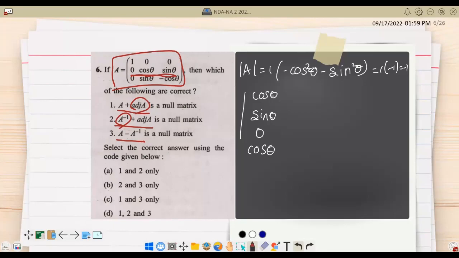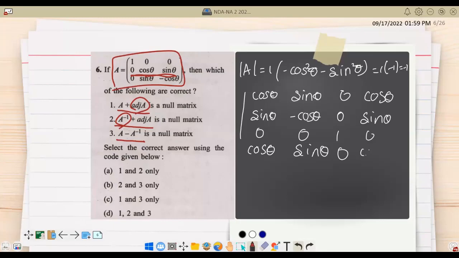Next we go for the second row: sin theta, minus cos theta, 0, sin theta. Then in the first row 0 0 1 0, and then we end in the same cos theta sin theta 0 cos theta.